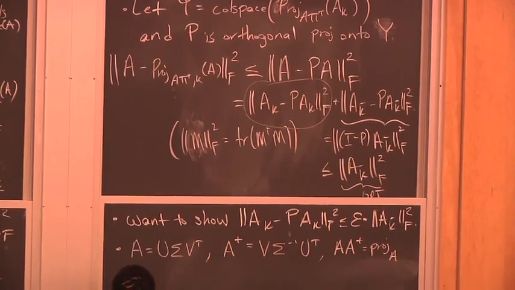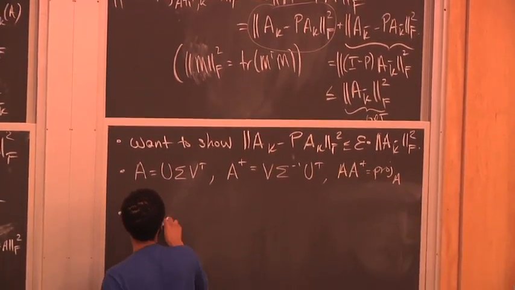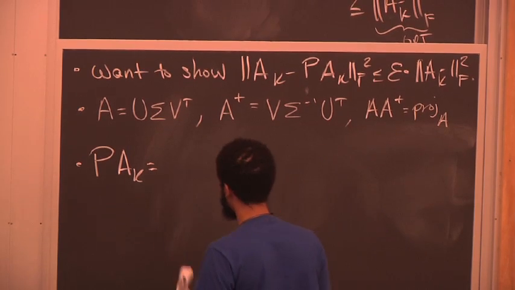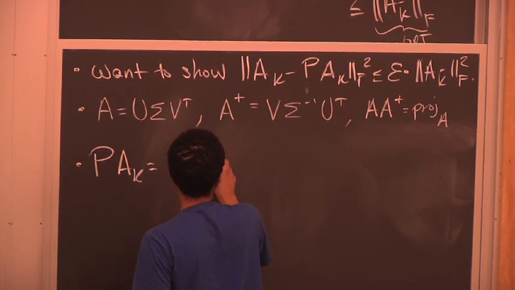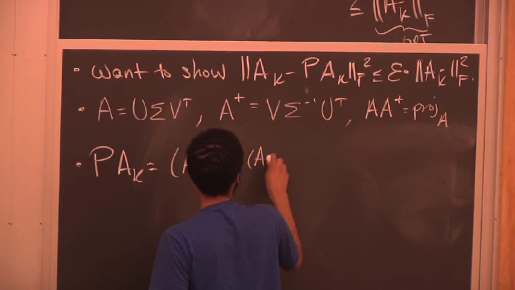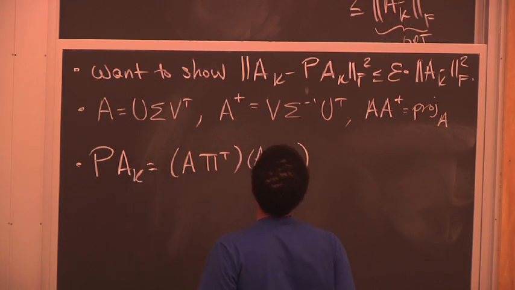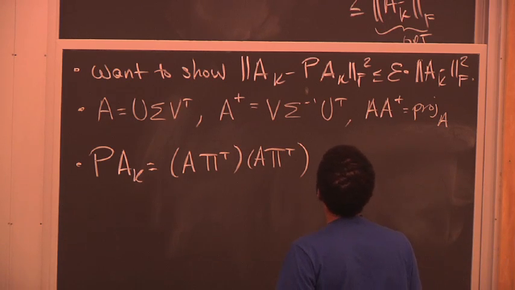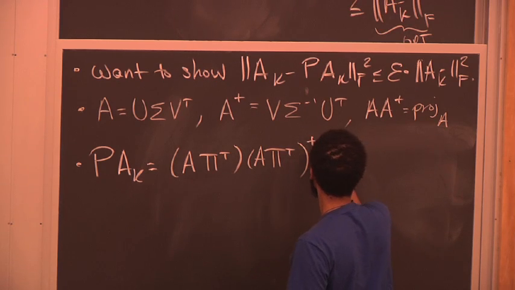So the projection of AK, that's the thing we care about, is A pi transpose pseudo inverse of this thingy AK.